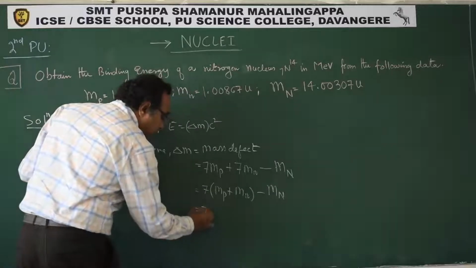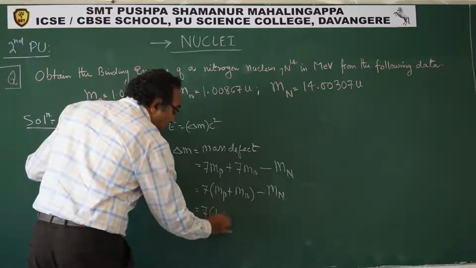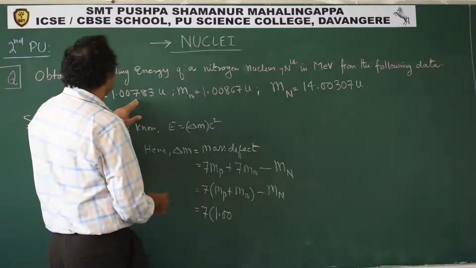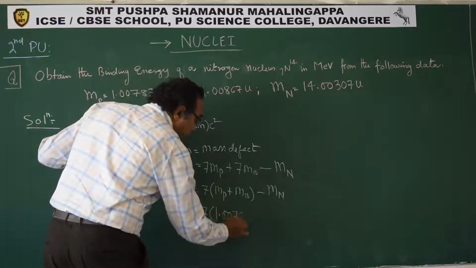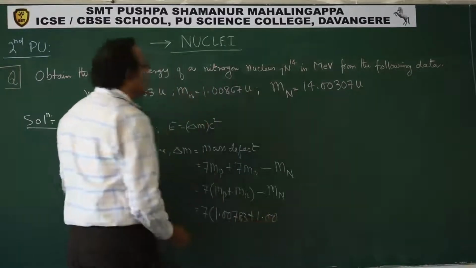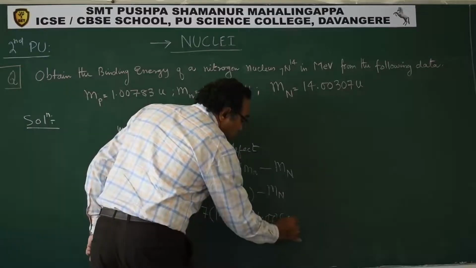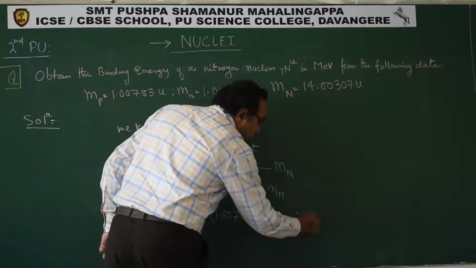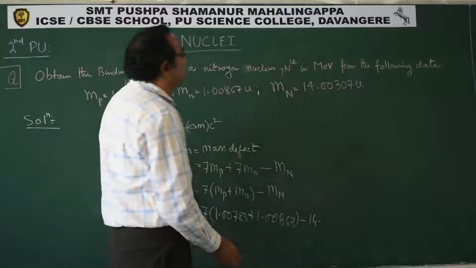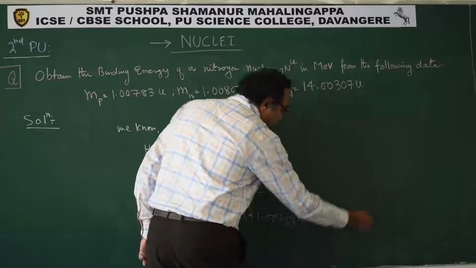So let us try to substitute the values and find out. Mass of proton 1.00783 plus 1.00867 minus 14.00307.